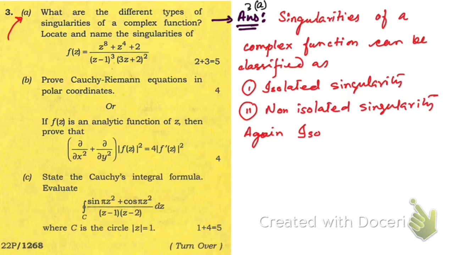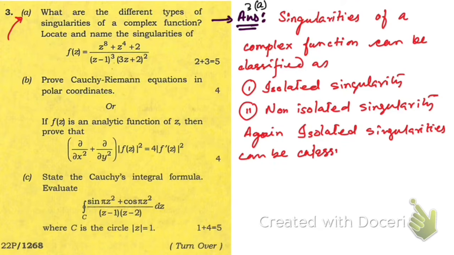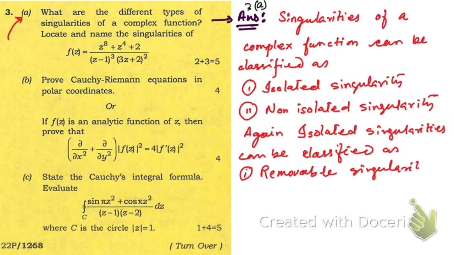Then again, isolated singularities can be classified as number 1, removable singularity. Then number 2, pole.